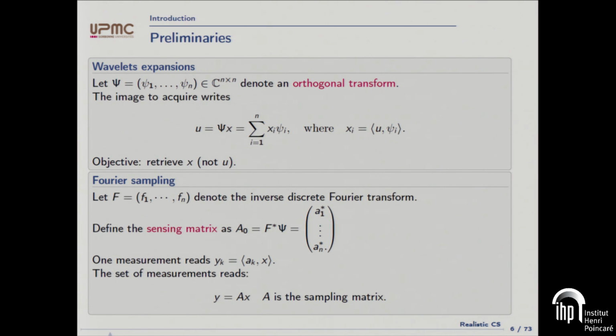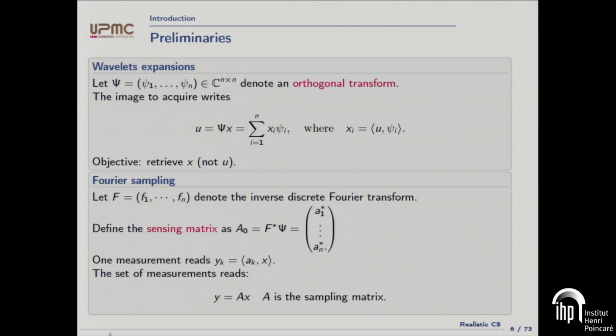So of course, A0 is the full sampling operator, meaning that if you have a signal of length n, A0 can be a matrix of size n by n, okay? And you're going to subsample in the acquisition space, so it means that you're going to subsample rows of A0.